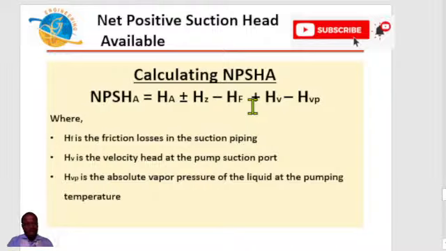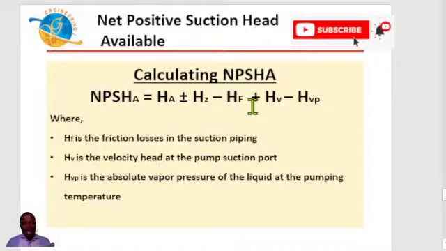Your HF is the frictional losses, or frictional head loss, in your suction piping. If you recall, during day 2, we said the frictional losses is the sum of the fittings head loss and the straight run head loss.